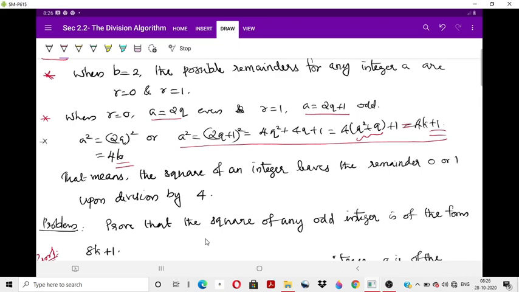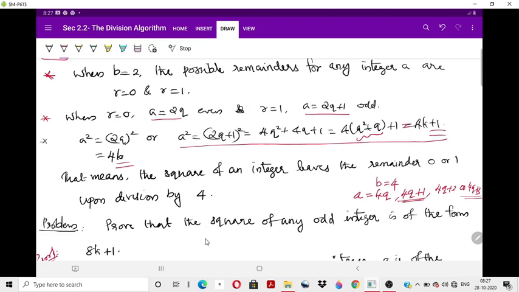So we have just stated before that with the divisor as 4, any integer a can be written as either 4q or 4q plus 1 or 4q plus 2 or 4q plus 3. And it is clear that of these, any odd integer is of the form either 4q plus 1 or 4q plus 3.